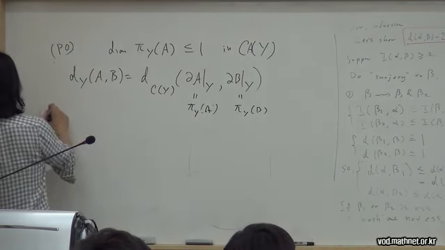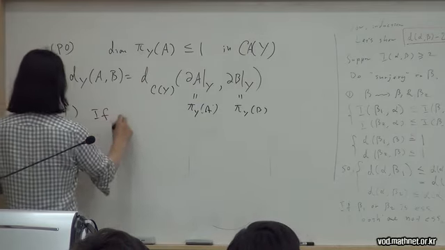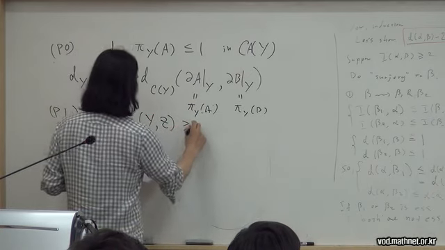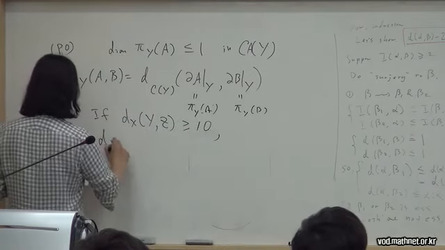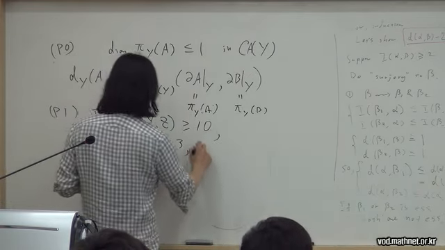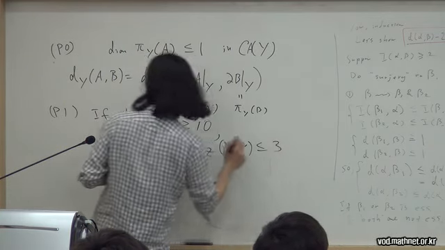So now claim P1: if d_y(x, z) is more than 10, then d_z(x, y) is at most 3, and d_x(y, z) is at most 3.